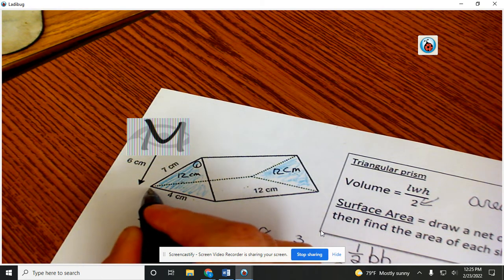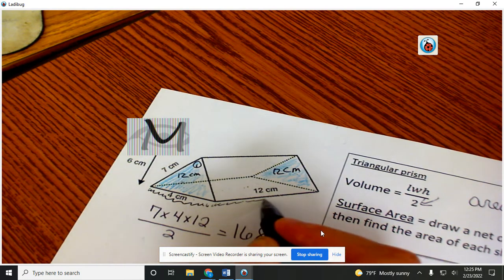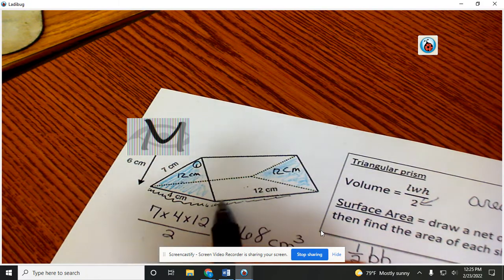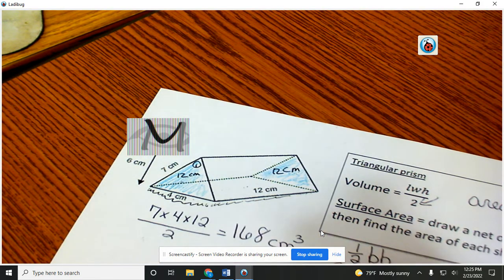You've got one bottom part right here, and number 2 is 12, which is here, times 4, which is going to give you 48 centimeters.